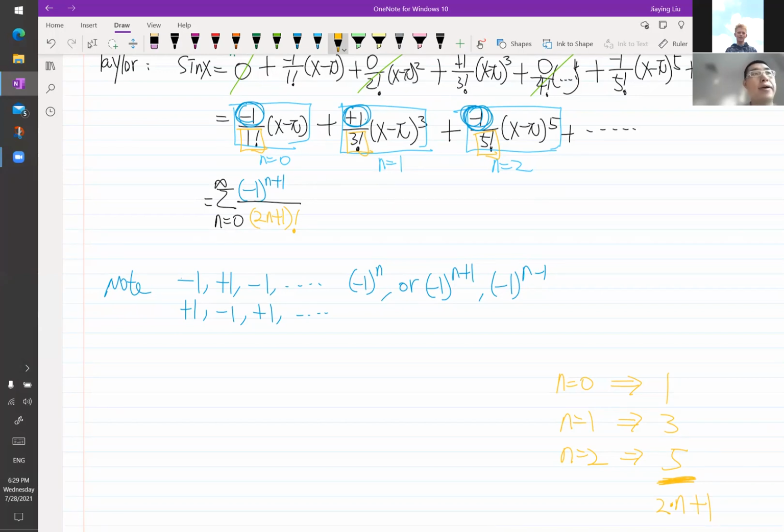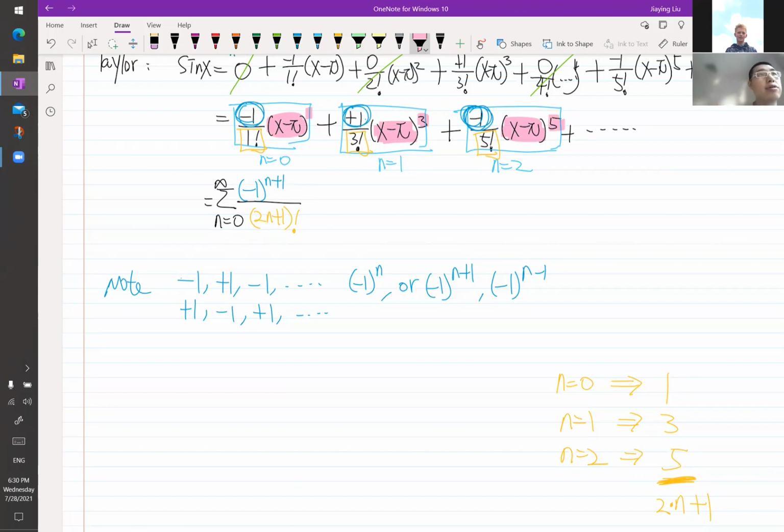Excellent. Right? And then what else is in the formula? Each of the terms also has (x minus pi) raised to some exponent. And the exponent has a number that matches the number in the factorial. So if you figure out the number in the factorial, you should be able to figure out the exponent, right? Because 5 in the exponent corresponds to 5 in the factorial, 3 in the exponent corresponds to 3 in the 3 factorial.